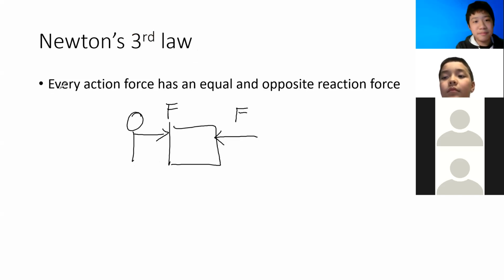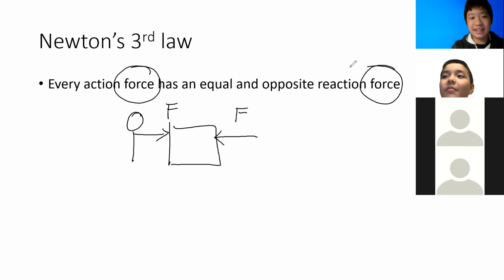The way most people write the law is actually really misleading. We have two forces involved here, and the key thing to know is that these forces are not being applied on the same object.